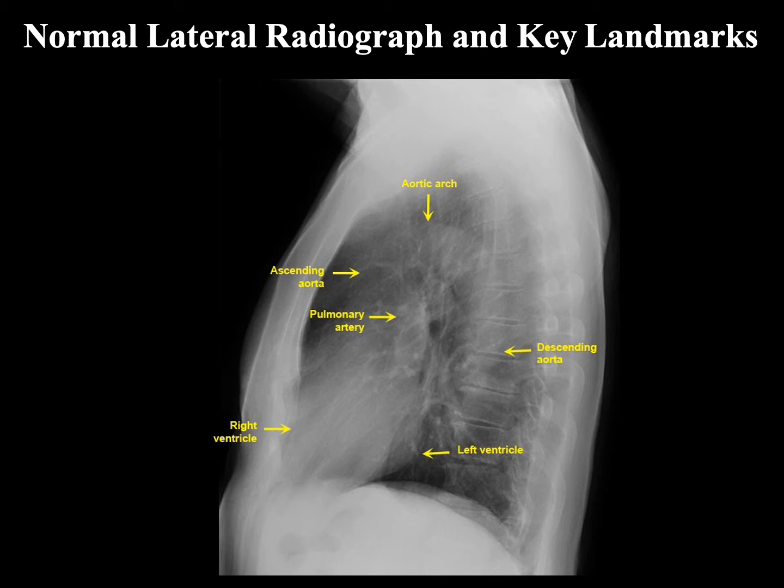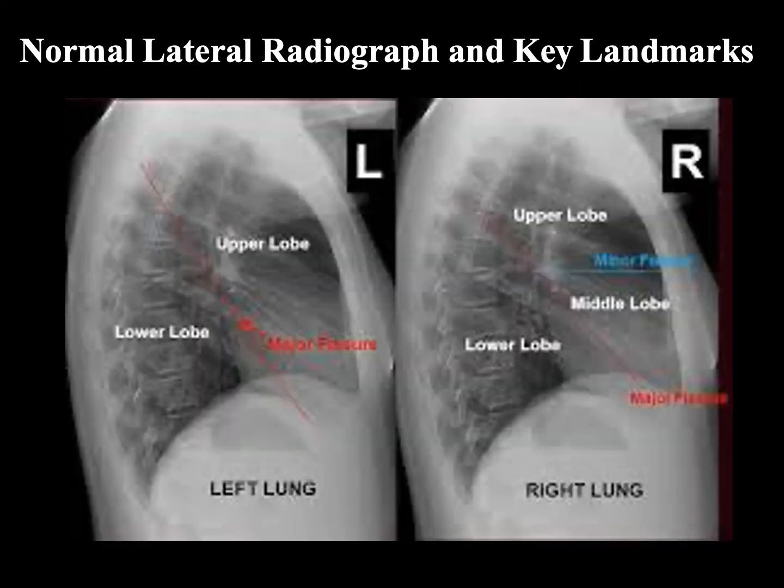You can see the shadow of the descending aorta and your aortic notch as it exits with the aorta. And you can see the upper and lower lobes of the lungs.